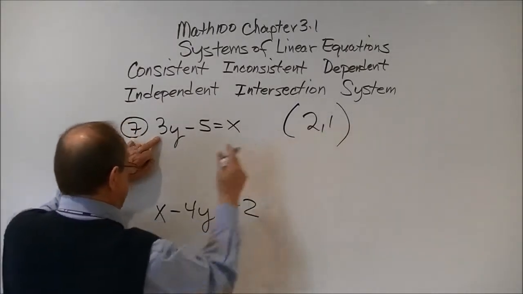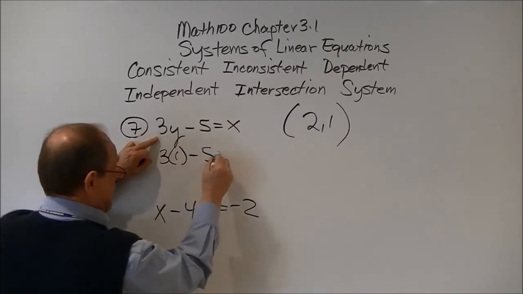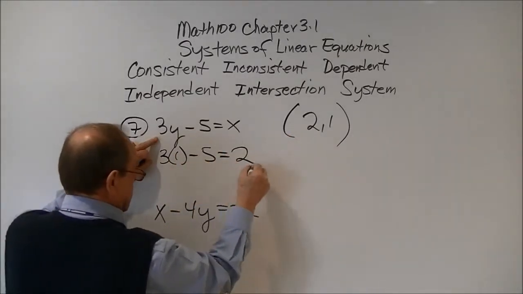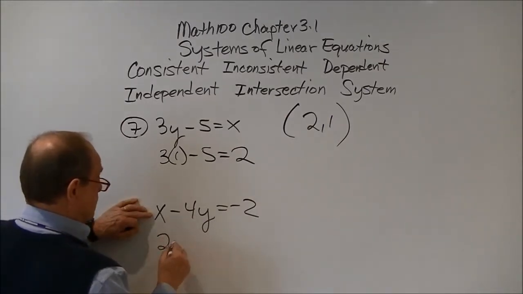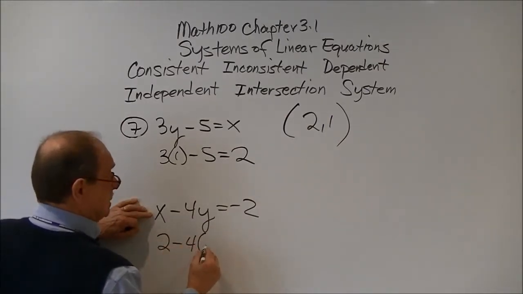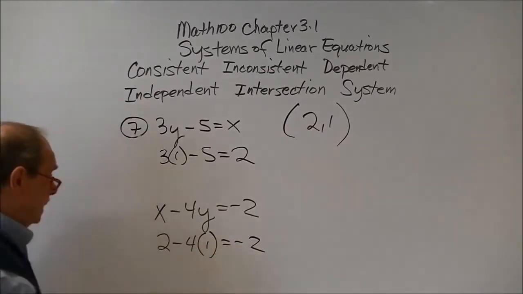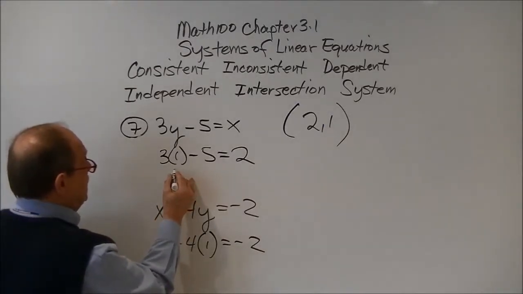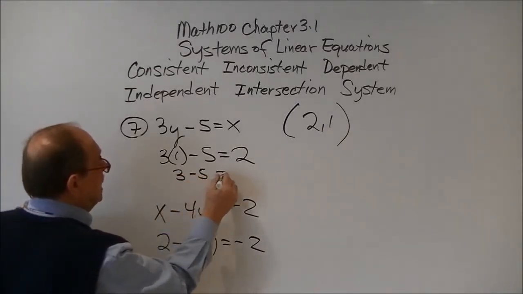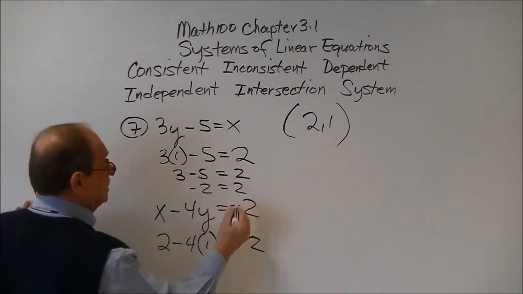So there's our y. 3 times 1 minus 5 equals 2. And then here it's 2 minus 4 times 1 equals a negative 2. So here this is going to be 3 minus 5 equals 2, and we have a negative 2 equals 2.